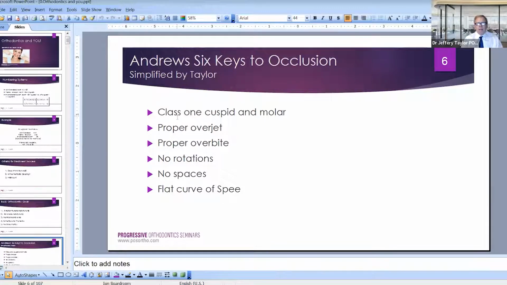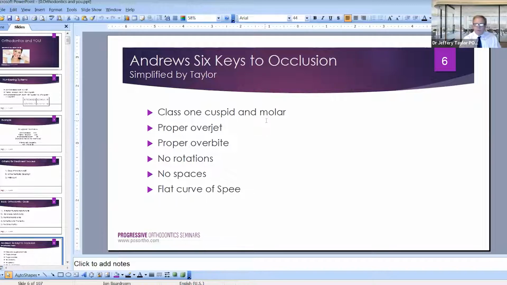But obviously, you want to get a class 1 cuspid and molar. And we get this question all the time: why is class 1 cuspid so important? When we see some case examples today, I can explain it better, but let me give you the short version right now. If you have a class 1 cuspid and it's interdigitated properly with the lower arch, that means your anterior teeth fit together.